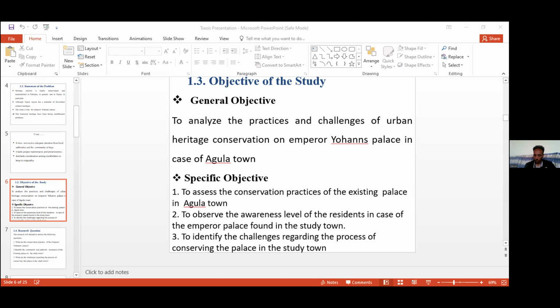I think the document is shared. Yes, please make it full screen. Okay.